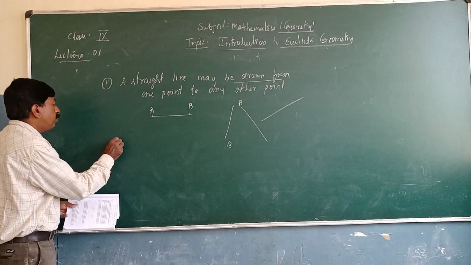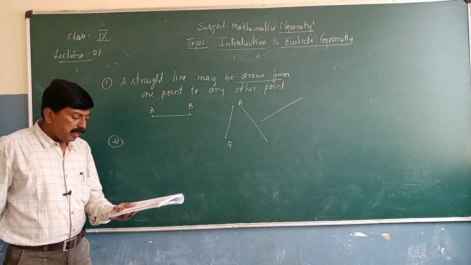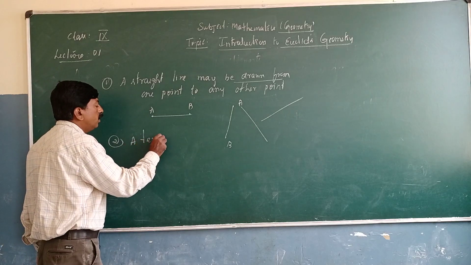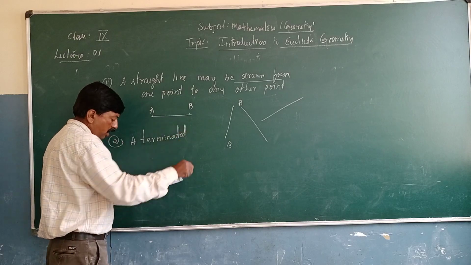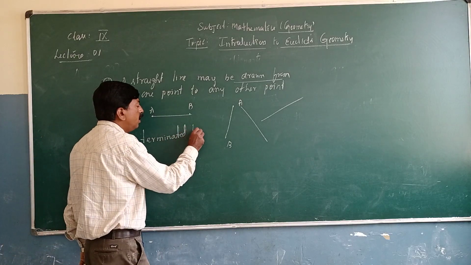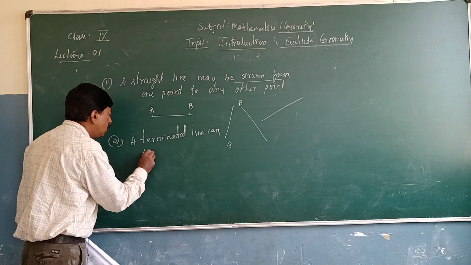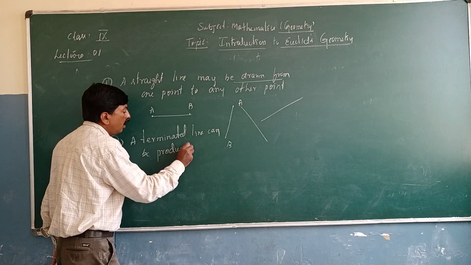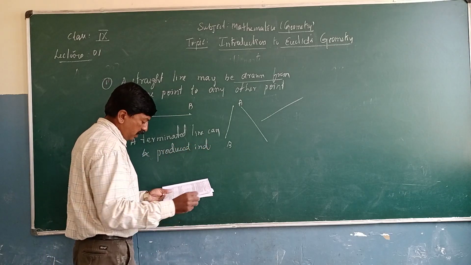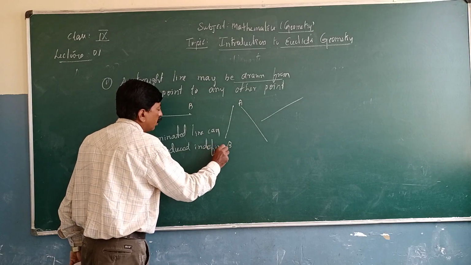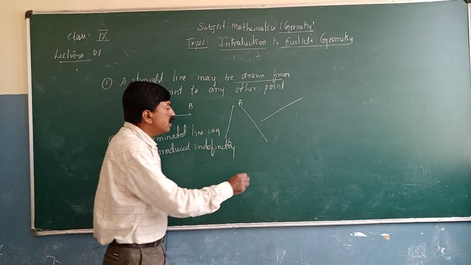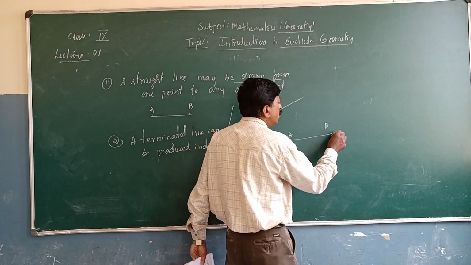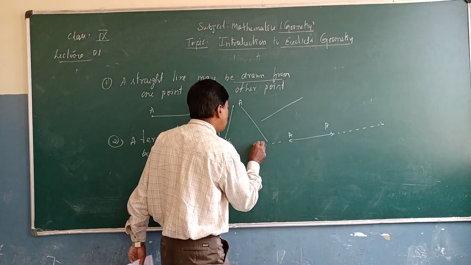Another postulate: a terminated line can be produced indefinitely. Here is a straight line whose end points are A and B. Now you can produce it like this on one side and like this on the other.